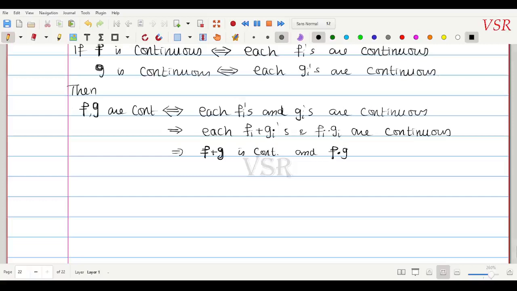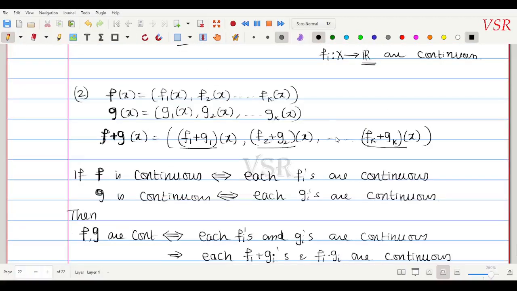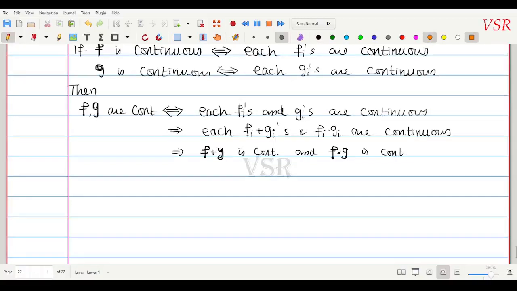How? Look: f1 of x into g1 of x is continuous, similarly f2 of x into g2 of x is continuous, so adding the two is continuous. Continuing like this up to fk of x dot gk of x, all continuous, so the sum is continuous. Therefore f dot g is continuous. Understood? So we have proved both cases.